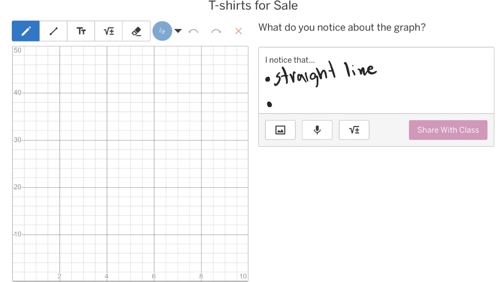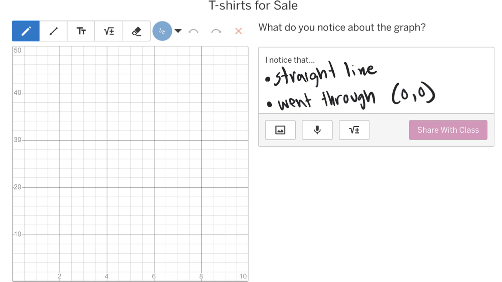The other really important part about my graph being proportional is that the graph went through the point 0, 0. If my graph didn't go through 0, 0, it would have gone up or down the y, and it would cause something to be added. So we would have something being added to it.